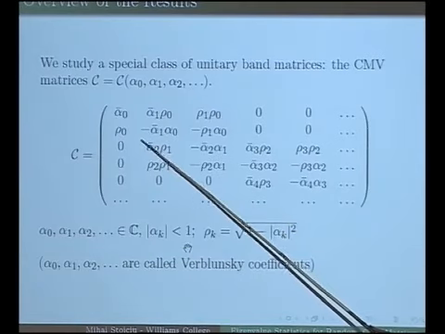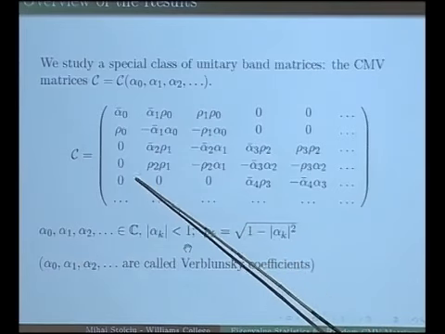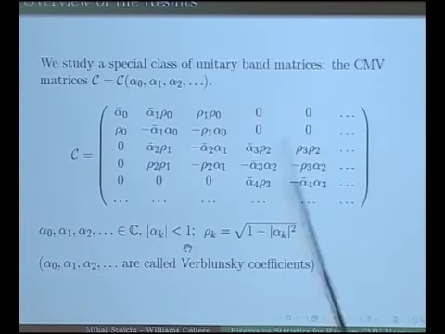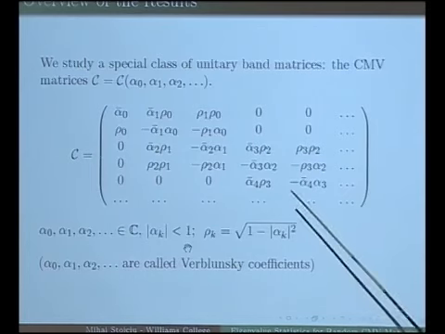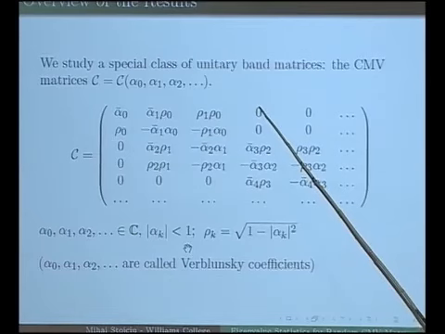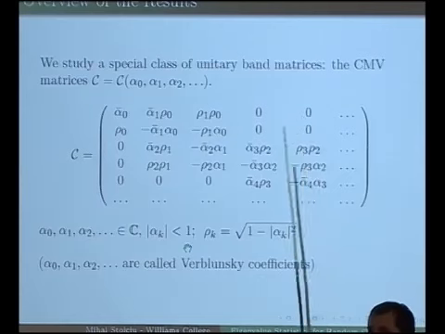So we want to study, let me go back a little bit, these unitary matrices and their spectral properties. And of course, this is an infinite unitary matrix. What we want is first to see how we can truncate this matrix. For a self-adjoint matrix, there's no problem. If we have an infinite self-adjoint matrix, we truncate and we get an n by n self-adjoint block.